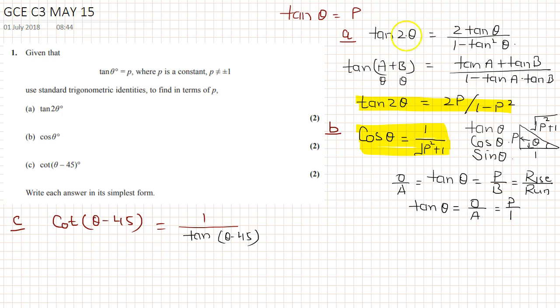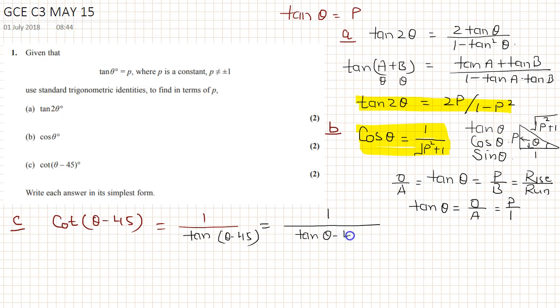We are going to use the same formula. It is 1 over tan A minus B, so this will become the denominator, this is numerator.